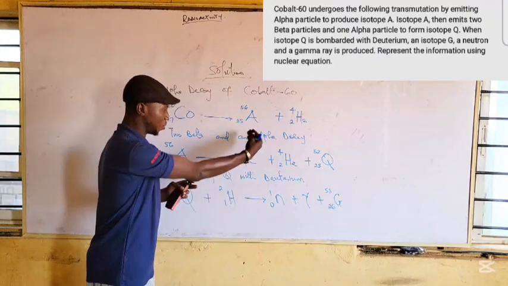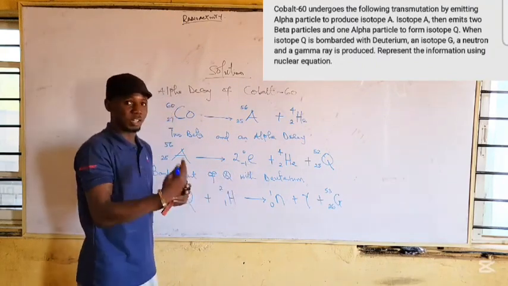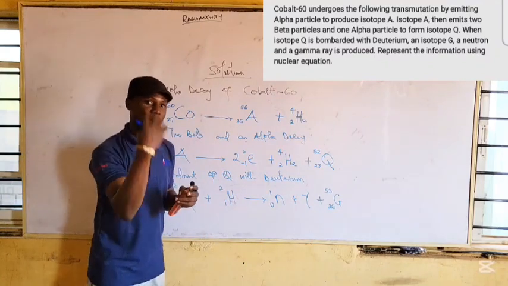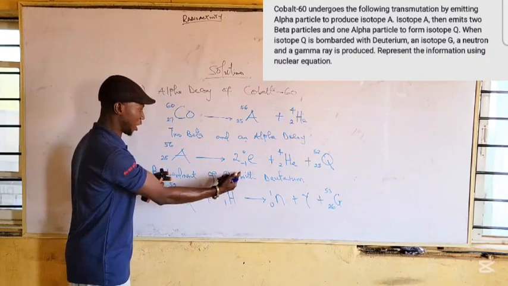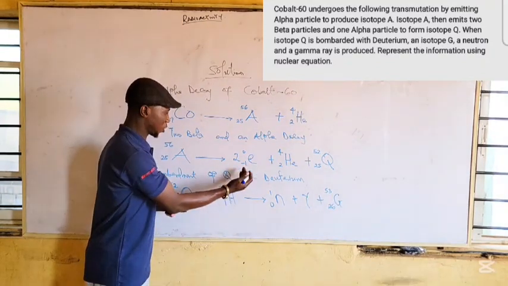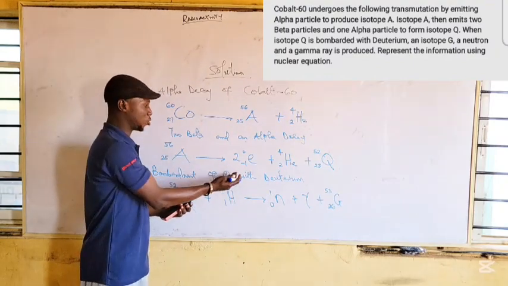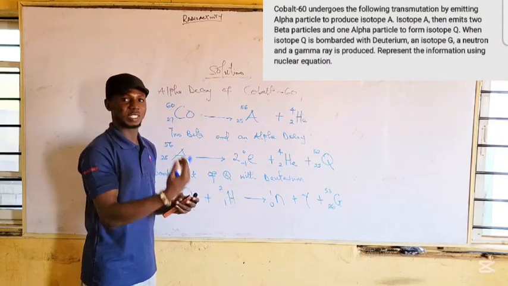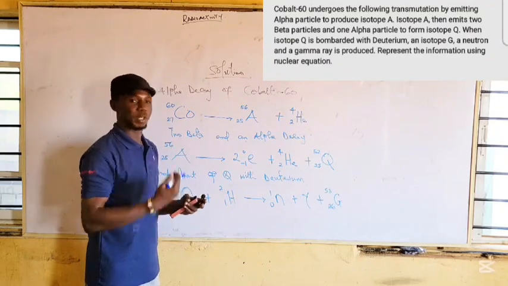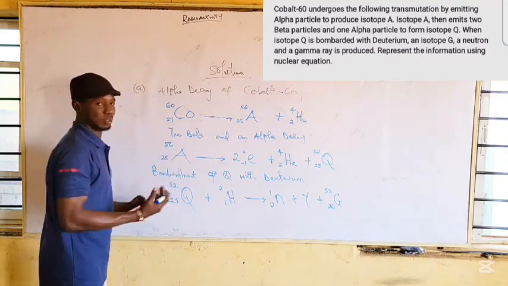So this time around, it is emitted. Beta particle is emitted, so it means it's going to increase the atomic number by 1 because it is -1. If -1 is transferred from product to the reactant side, it adds to what we have here because it's going to change to positive. So that is why beta particle will always increase atomic number by 1. So, having said that, let's go back to our solution.